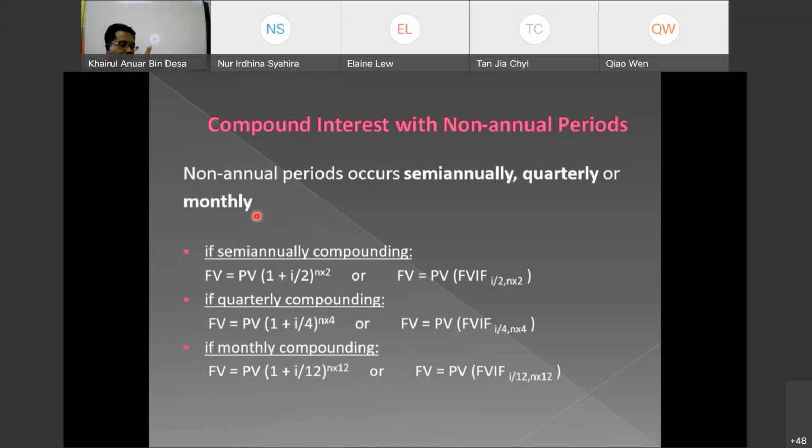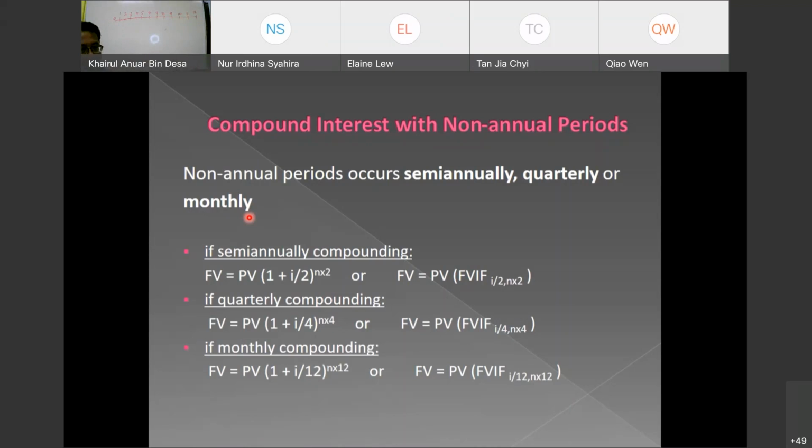If you can't see, you just pin the video. This is what we call the timeline, ataupun garis masa.